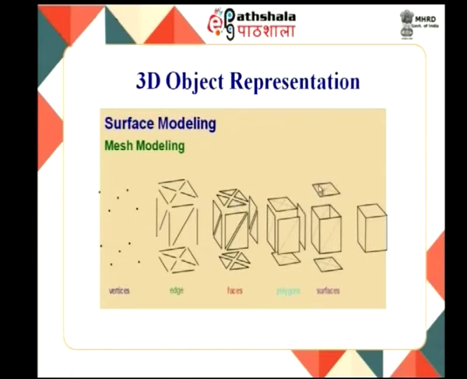For the cube there are 6 surfaces, and when these 6 surfaces are put together, if we have to create a data structure, we have to find out what the vertices are, how these vertices are connected, how the edges are connected, how the edges make up a polygonal face, and how various polygonal faces are connected.